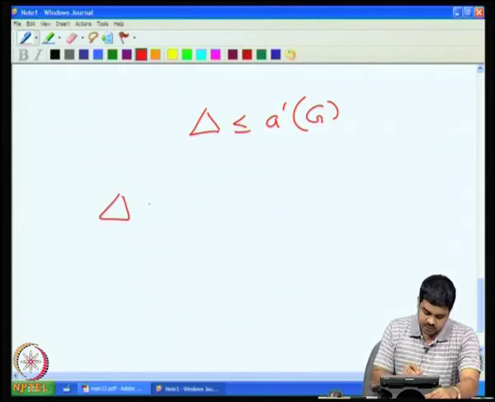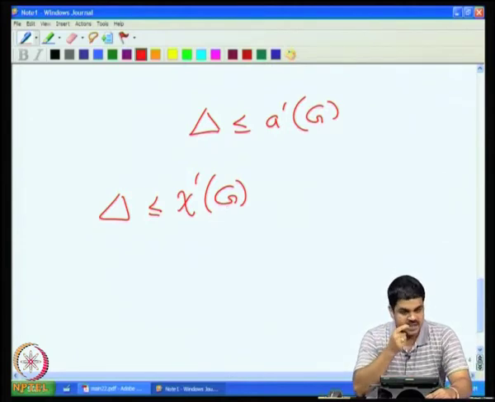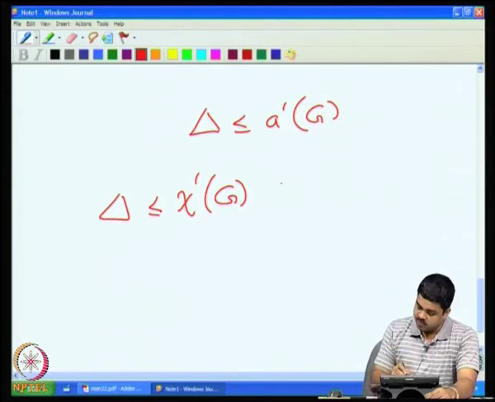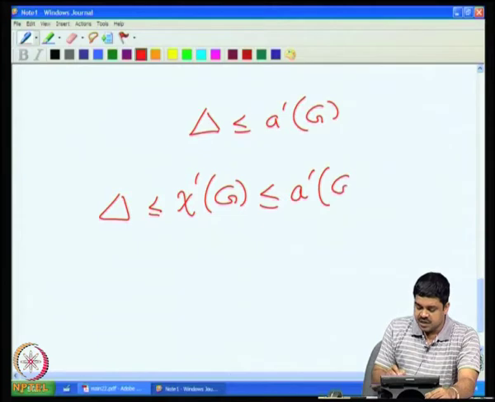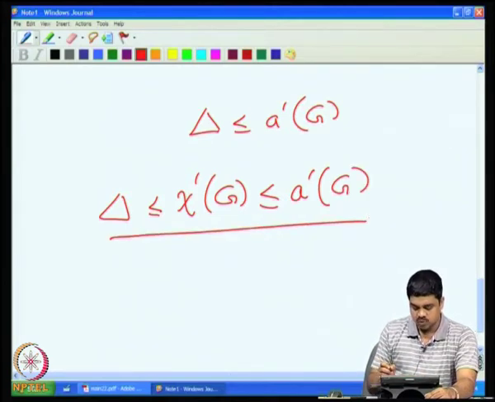We know that delta is less than or equal to chi dash of G, because to be proper, if there is a vertex of degree delta, then all the edges incident on that vertex have to get different colors. So, delta colors are required even to properly color, and an acyclic edge coloring definitely has to be a proper coloring. So, it has to be at least more than that, right, but how much more?